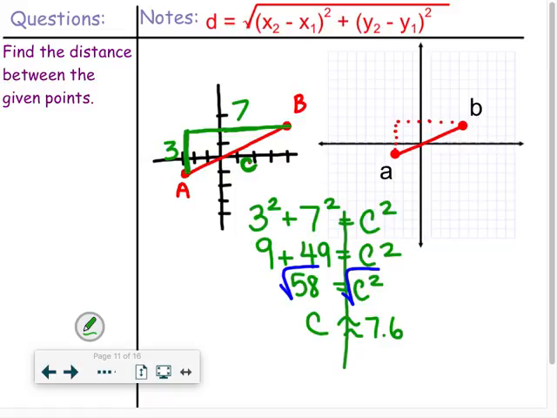So that's using the Pythagorean theorem instead of the distance formula, because if you're looking at a graph on a picture, I actually think that that's easier. If you don't want to do that, you could always write A as an ordered pair, (-3, -1), and then (4, 2) for B, and you could do the distance formula if you would prefer.